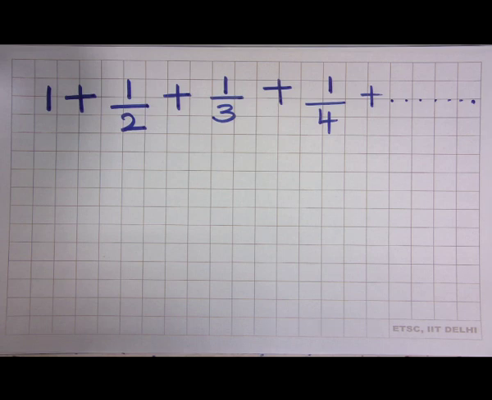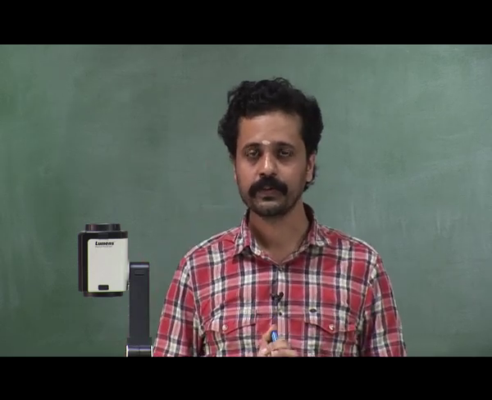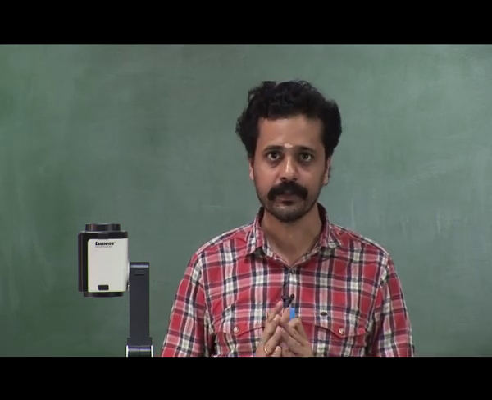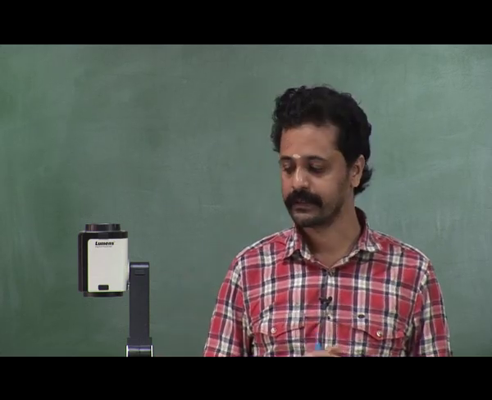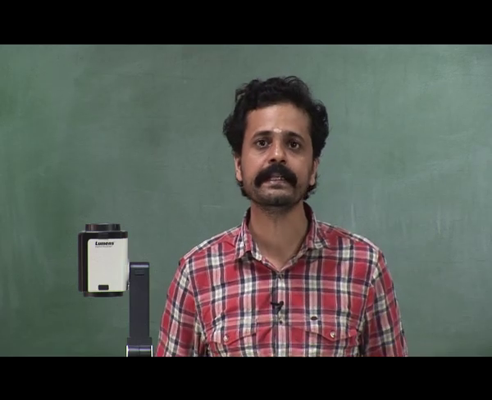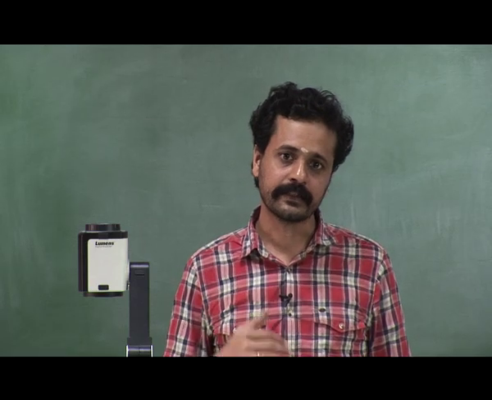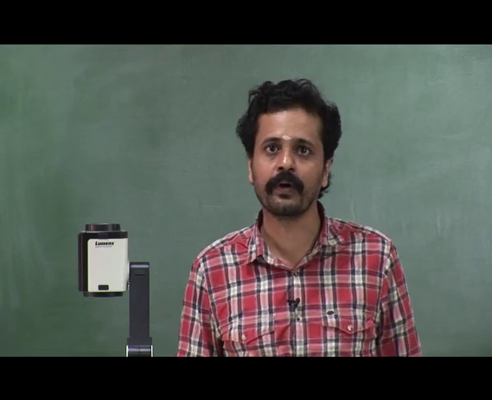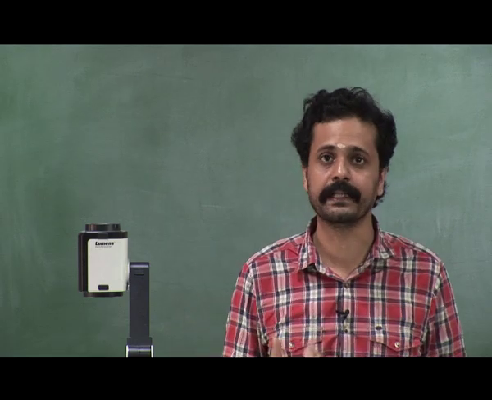So, what we observe is the following. In contrast to the sum of finitely many real values, when dealing with the sum of infinitely many real values, whether we can come up with a finite value or not is not very clear.